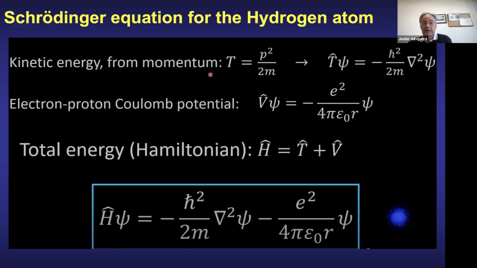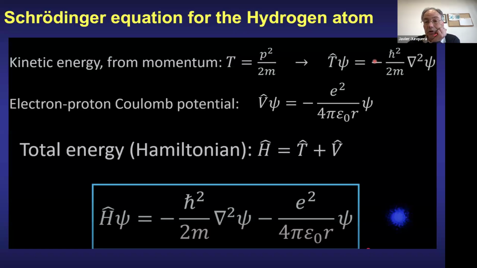So the first thing to do, as before, is to write the Hamiltonian for one electron in the hydrogen atom. Again, my Hamiltonian operator will be the sum of a kinetic energy term plus a potential energy term. The kinetic energy term is p squared over 2m, where p is the momentum operator.